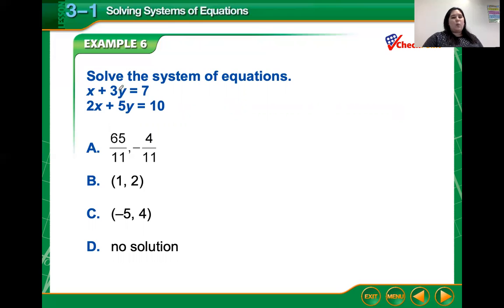If I wanted to eliminate y, I would have to multiply top and bottom. So I'm going to multiply the first equation by -2 so that I can get an opposite coefficient for my x's. And when we do this, I'm going to get -2x minus 6y equals -14.